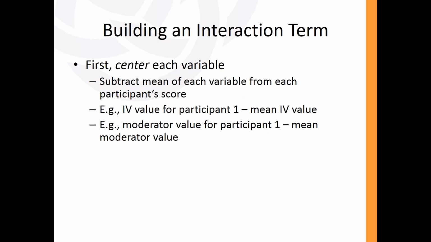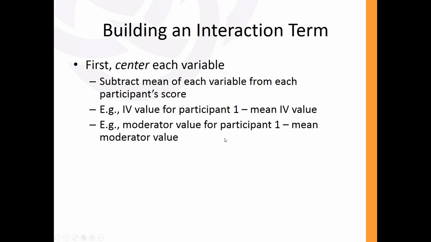So you subtract that mean from each participant. Literally for participant 1, they have some value on life stressors, and you subtract the mean from their value, and you do that for everybody. So you're subtracting a constant from everybody's score, and then you end up with a variable that has a mean of 0.